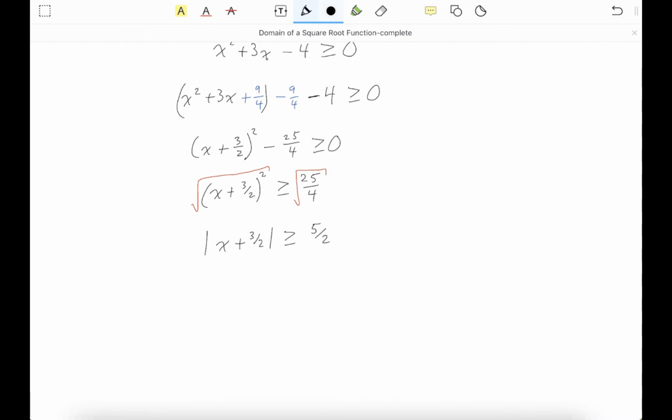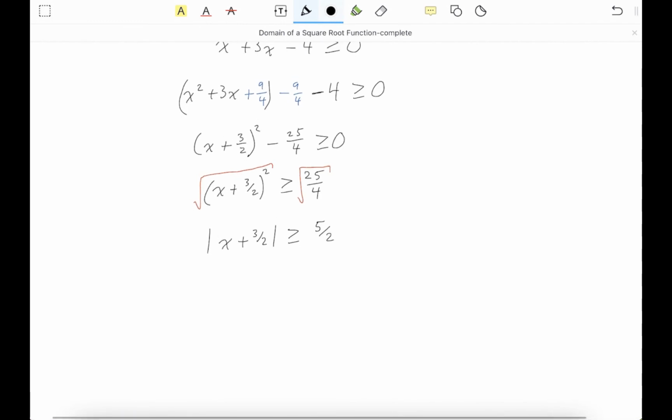Now, for an absolute value greater than a number, we have 2 different cases. X plus 3 halves is less than or equal to -5 halves, or x plus 3 halves is greater than or equal to 5 halves.